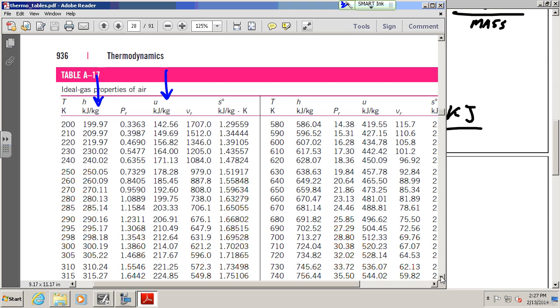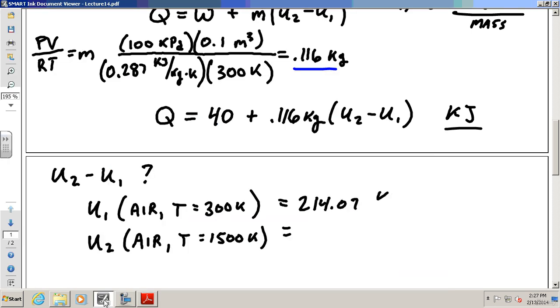This table is only going to be used for our H's and our U's, in this case U. In fact, we can clearly see the first U we want, the U for temperature equal to 300 Kelvin, right there, 214.07. So we'll fill that in here, 214.07 kilojoules per kilogram. So this first U is 214.07 kilojoules per kilogram. We looked it up off the table.